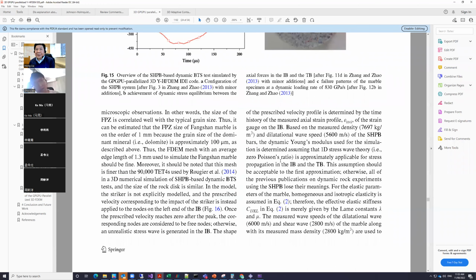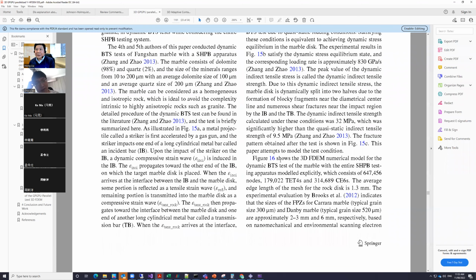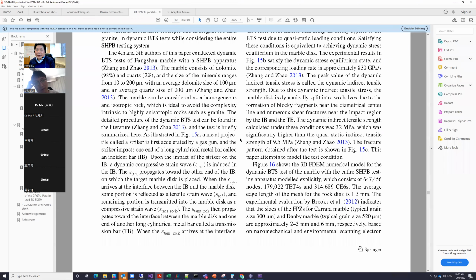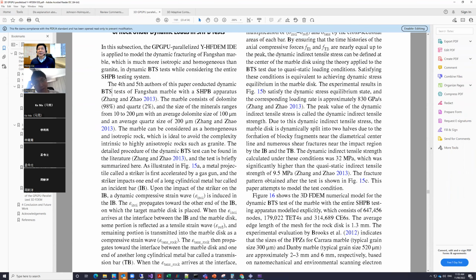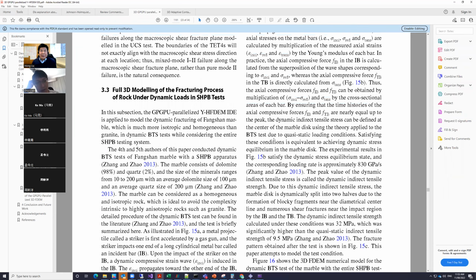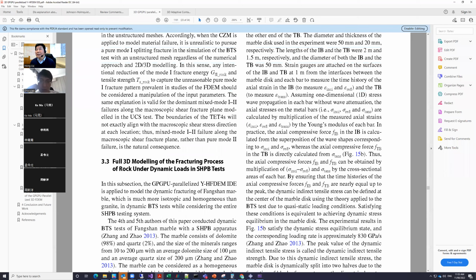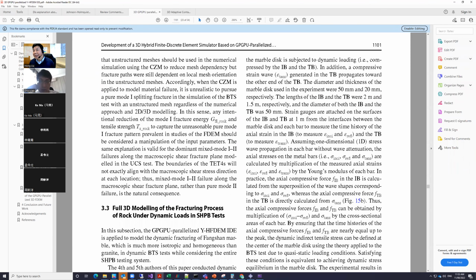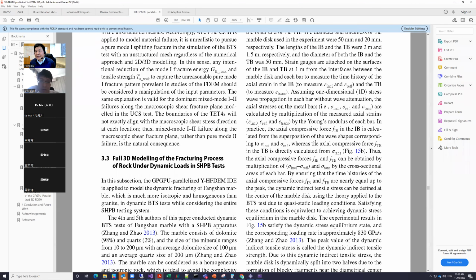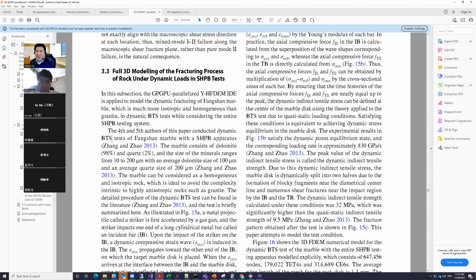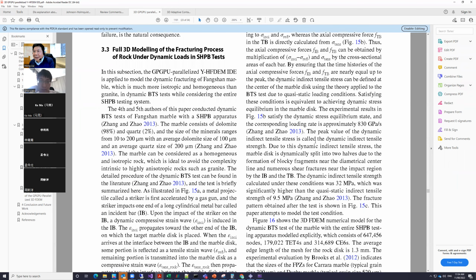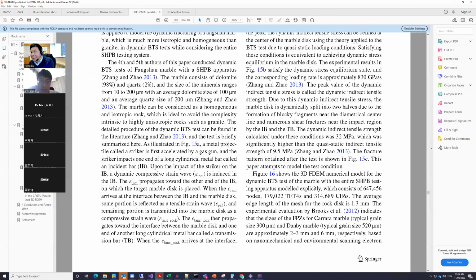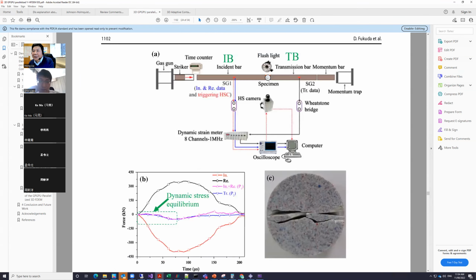But the parameters of the sample in static analysis are different from those in dynamic analysis. I think that's the strength, which is much higher compared with the static.